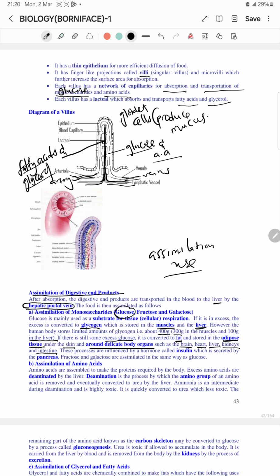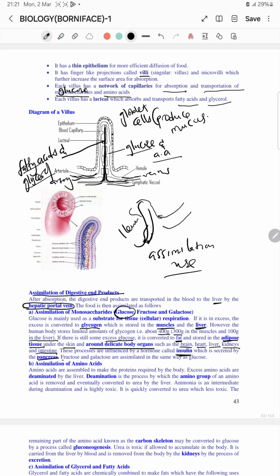Okay, these processes are influenced by a hormone called insulin, which is secreted by the pancreas. This information is very, very important. So what we are simply saying is that, let's say this is hepatic portal vein coming from the ileum.